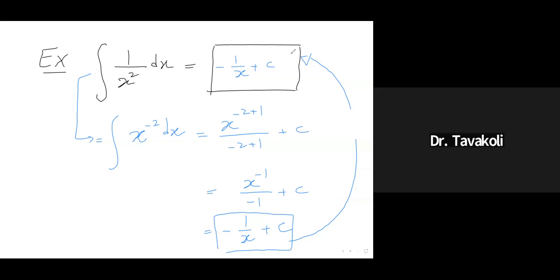So let me remind you from Calc 1, we have two types of integrals in terms of being indefinite or definite integrals. So sometimes we deal with indefinite integrals, like the examples that we just did.